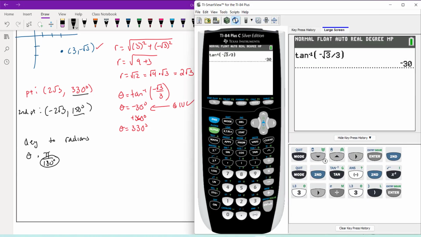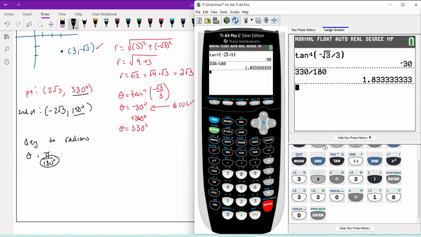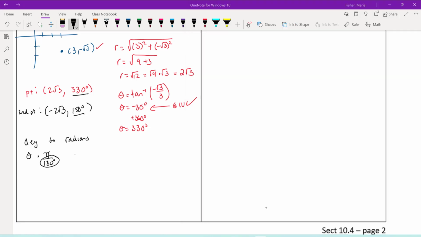So if you take 330 and you divide that by 180, and then you make that into a fraction, that would be the angle of 11 pi over 6. So 330 degrees equals 11 pi over 6.